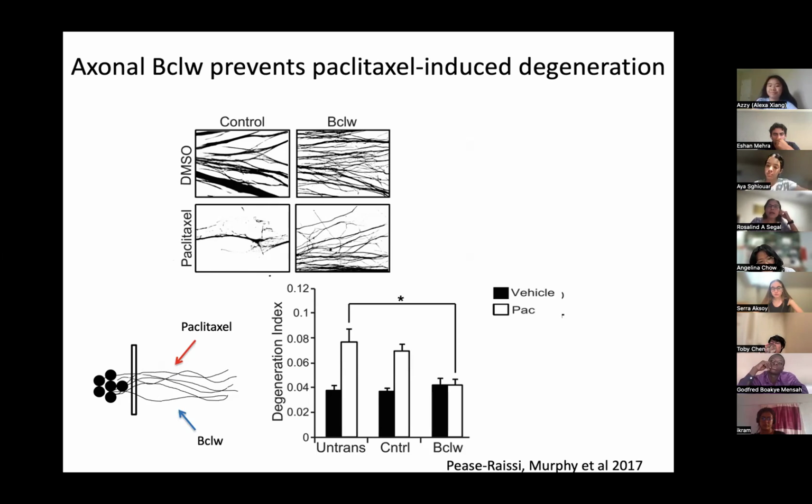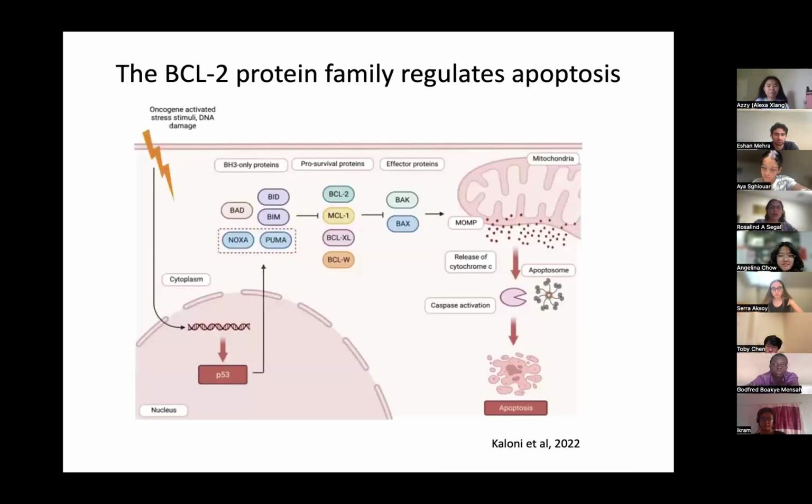So clearly, axonal BCLW is able to prevent this degeneration, suggesting that the loss of transport may have been important in causing the degeneration. Okay, I said I'd tell you what BCLW is.